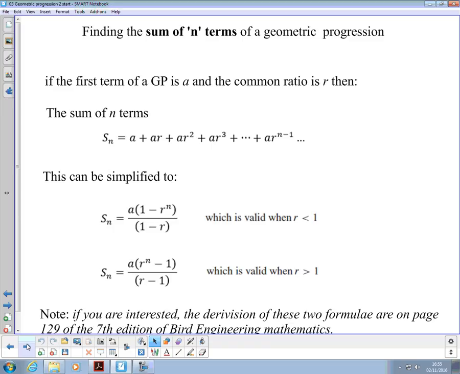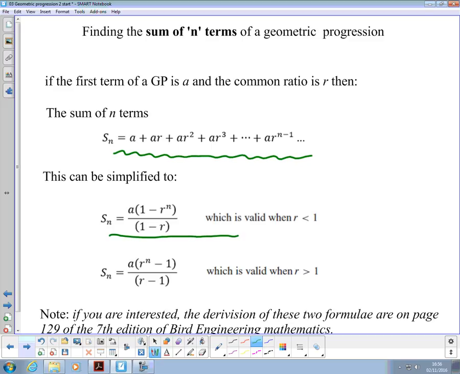Now, you can simplify that adding together of all the terms, because it's obvious to anyone that if you put each term in the calculator and then press plus in between them, you're going to add them all up. You can play around with that equation and simplify it to that version when R is a number less than 1, the ratio is lower than 1. You can simplify it to that version when R is greater than 1.